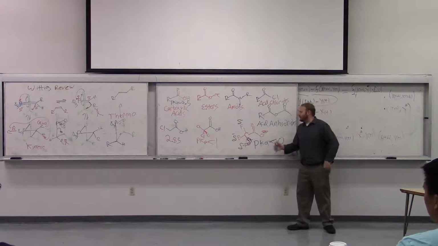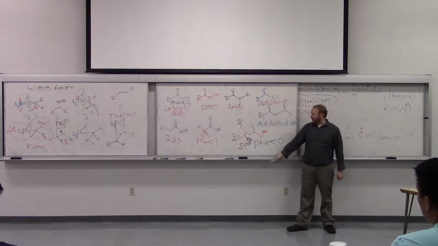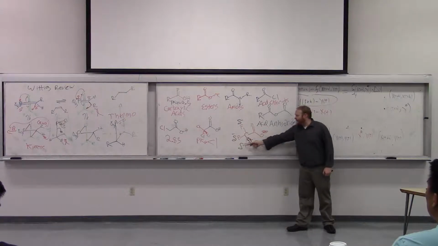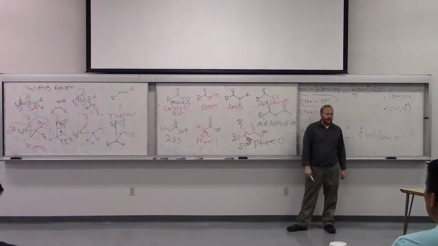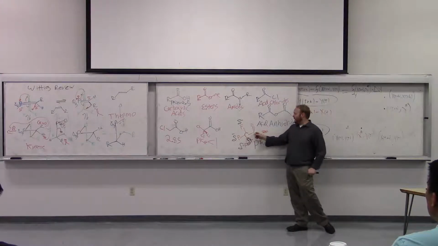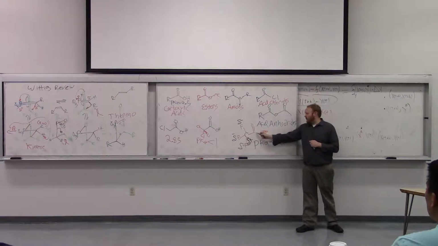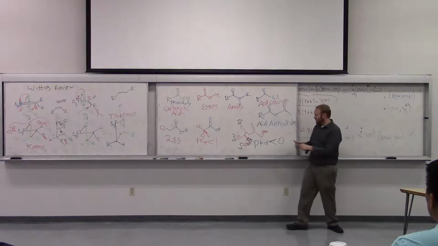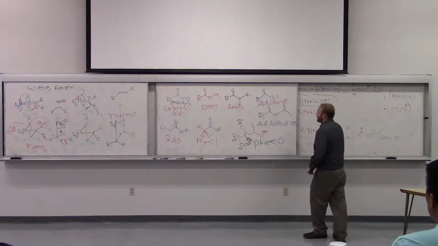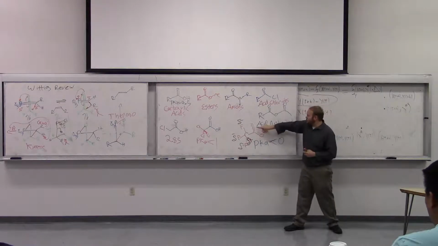So the reason why TFA is so acidic is not only does it have the resonance, it's got this partial positive charge being relayed from the fluorines to this carbon, and from this carbon to this carbon. And because there's a greater partial positive charge at this carbon, that partial positive charge helps stabilize this partial minus charge.